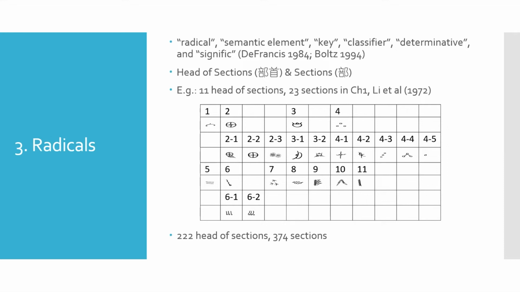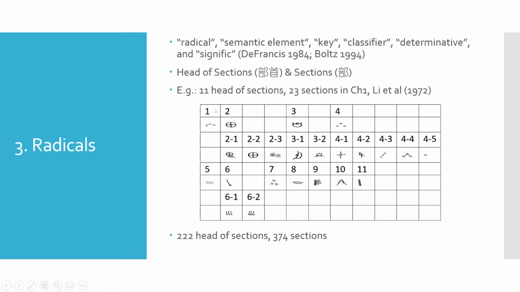And in the context of Chinese writing systems, the terms used were head of sections and sections. And under this 2-level radical system framework, here is an example of the glyphs from the clusters of glyphs related to astronomy. And the 11 head of sections can be highlighted.